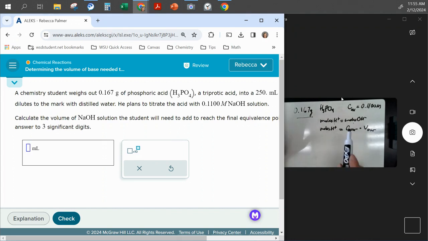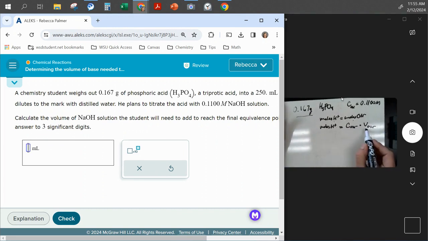That's why we can do this. So I think that will make more sense once we do the titration math. Okay, so what we're going to do is we're going to find the moles of hydrogen, and then we're going to divide the moles of hydrogen by the concentration of hydroxide. And that will give us the volume of hydroxide that we used.